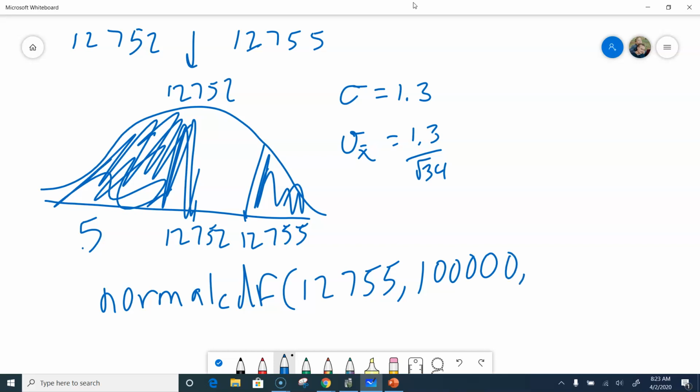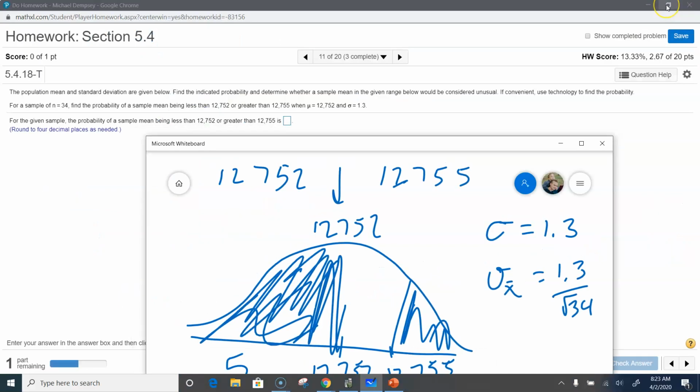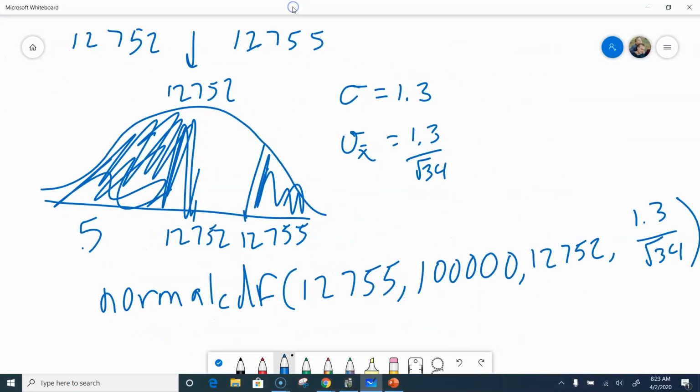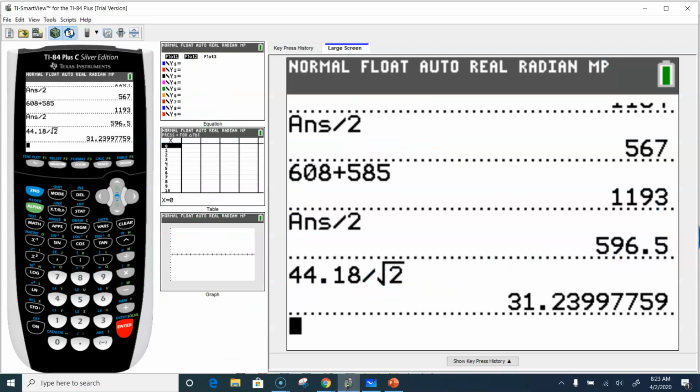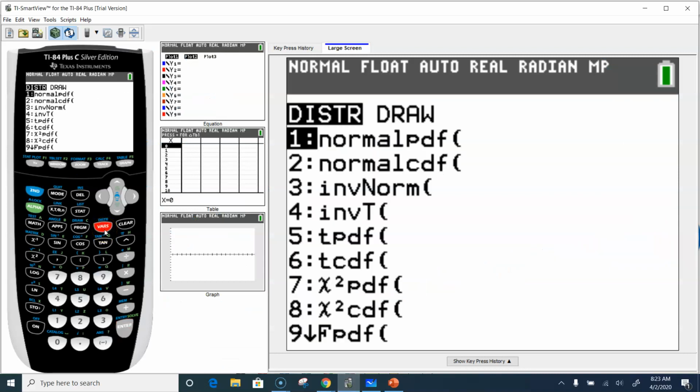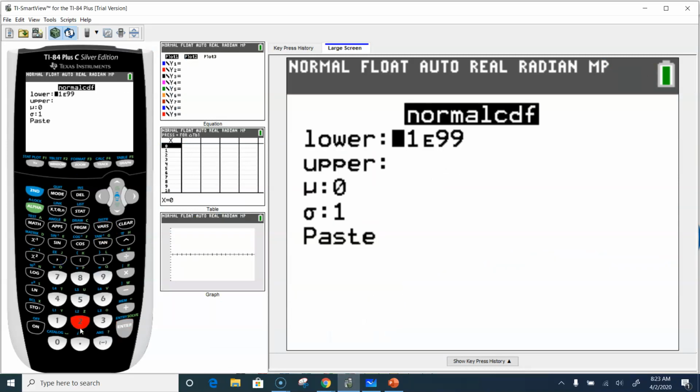The mean is 12,752. And then my standard deviation is that 1.3 over root 34. Like previously, we didn't divide by the square root of 34. Now we have a sampling distribution situation, so we would need to. I'll use my calculator for this. It's normal CDF.